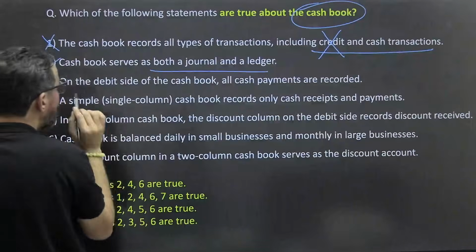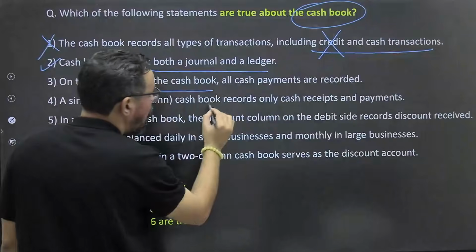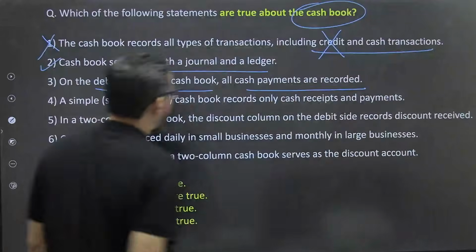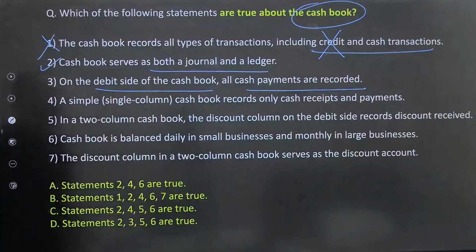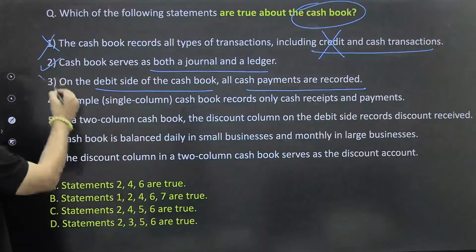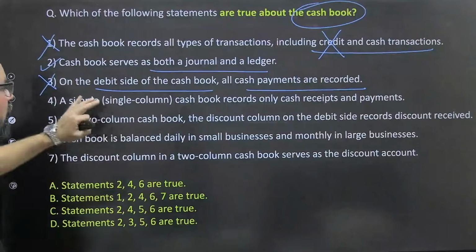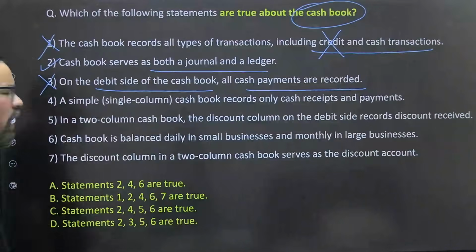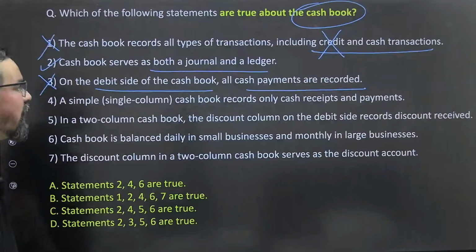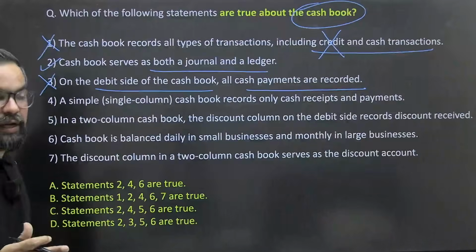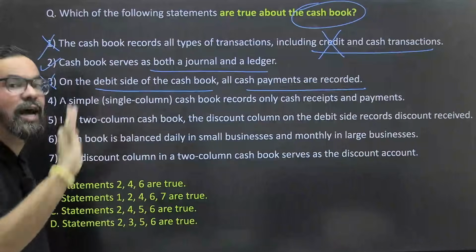True. On the debit side of the cash book, all cash payments are recorded. No, sorry, cash payments, yes, this is wrong again. The debit side is basically the favorable side. It is the credit side as per your passbook.